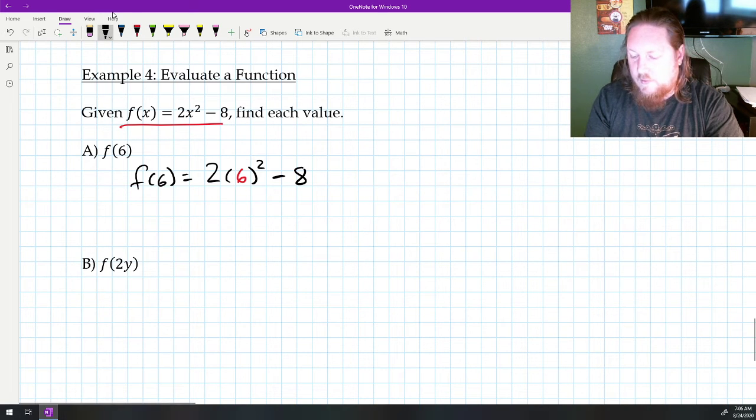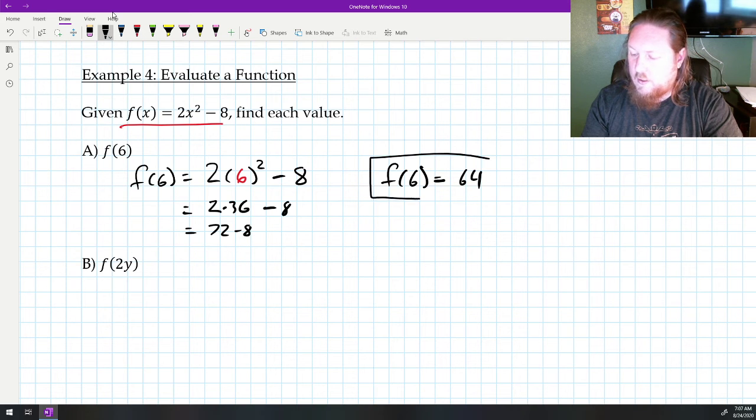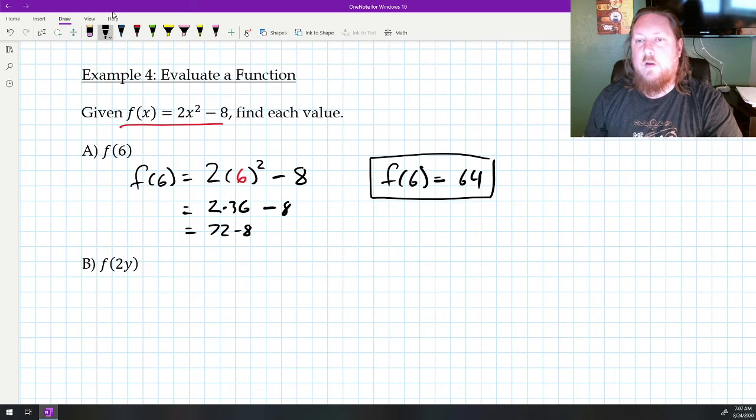And now I just do my normal calculation. 6 squared is 36. 2 times 36 is 72. And that tells me f of 6 equals, subtract 2, that's 64. There you go. That's how you evaluate it.